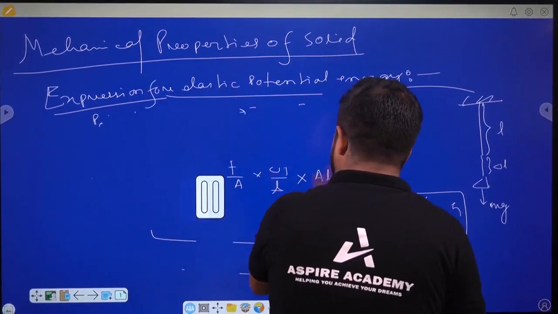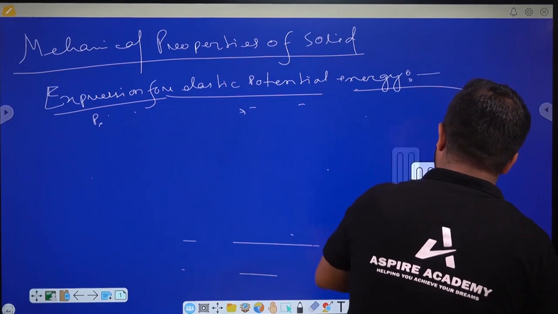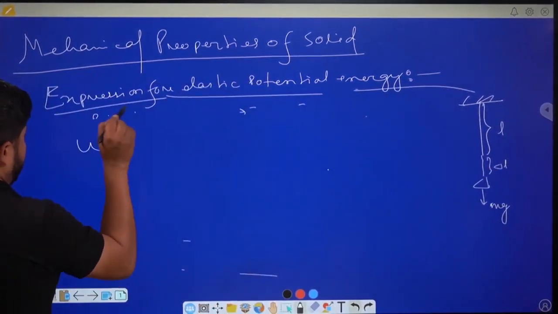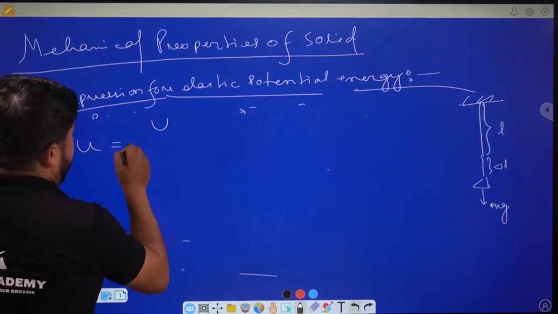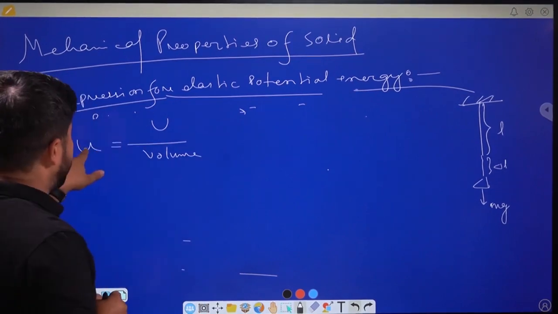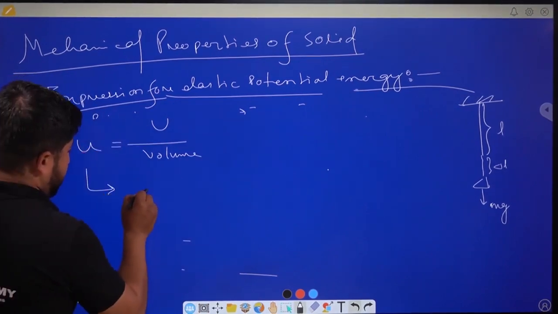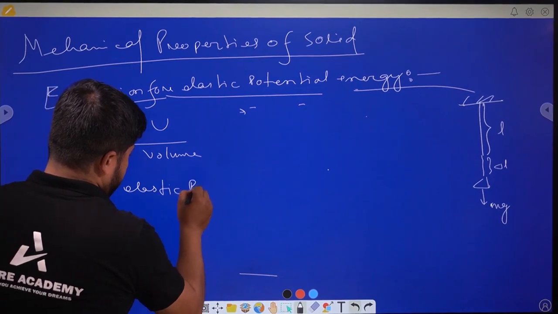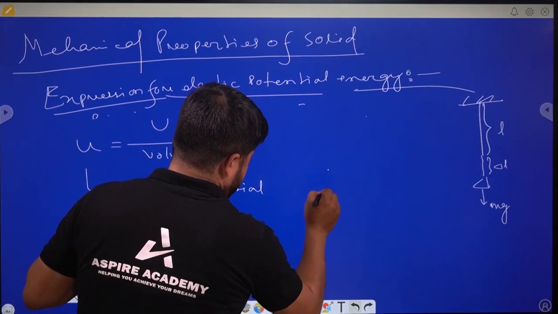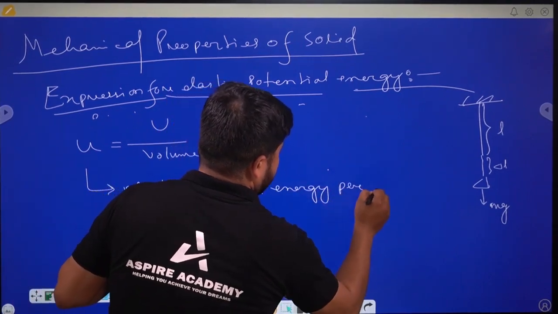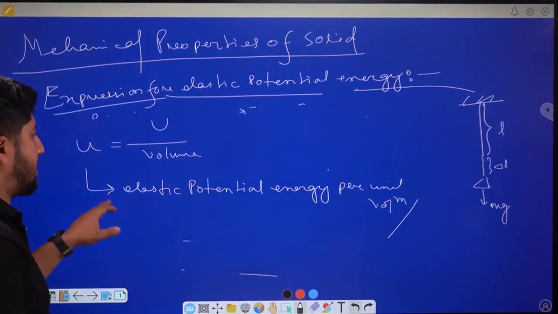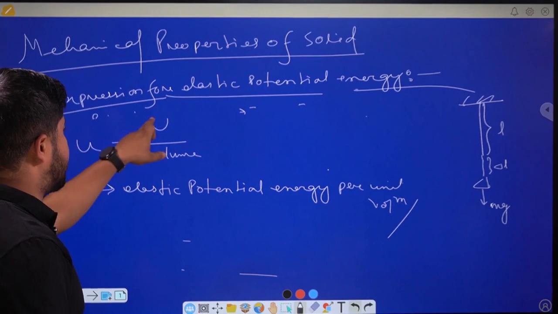The expression for elastic potential energy per unit volume is called small u, which is U by volume.